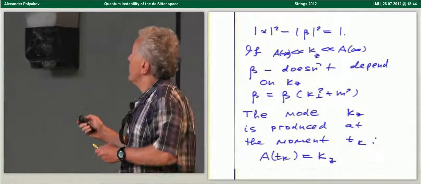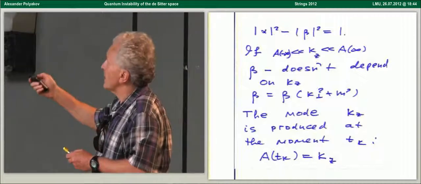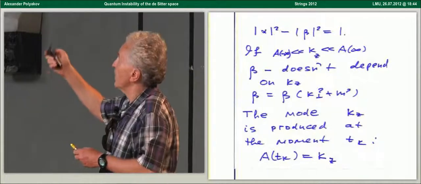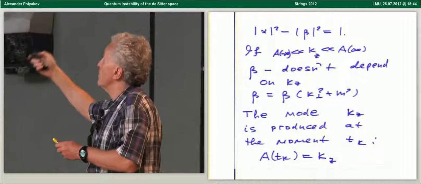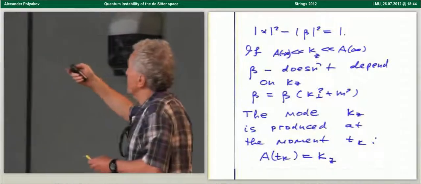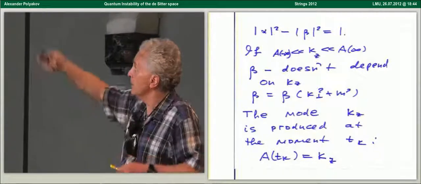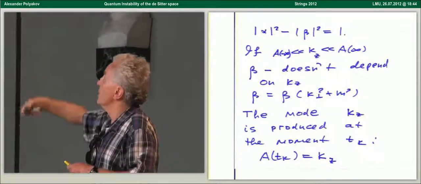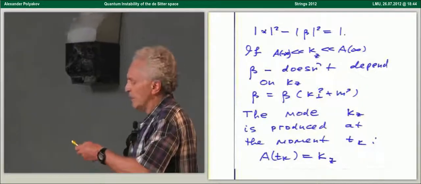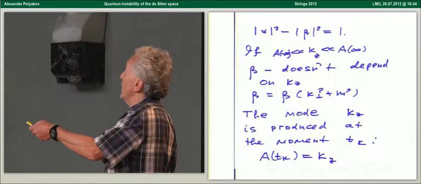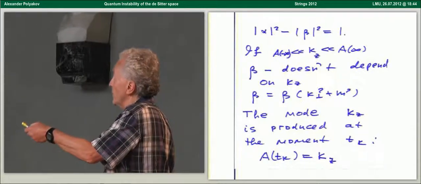And you can see that the transition coefficients for homogeneous fields are independent of beta, and that the mode with particular kz is produced when it crosses the horizon defined by this equation.